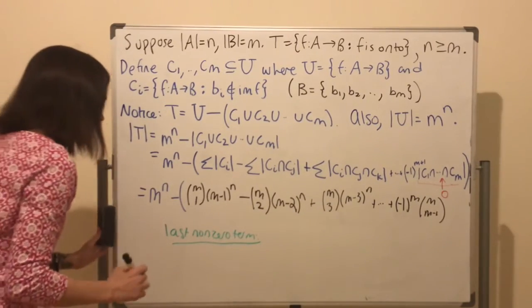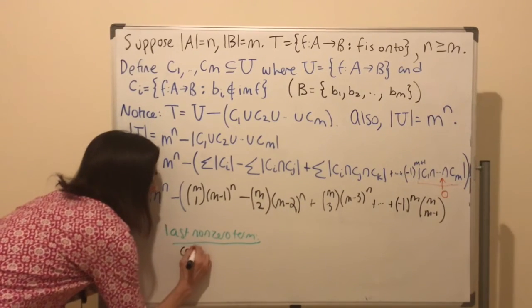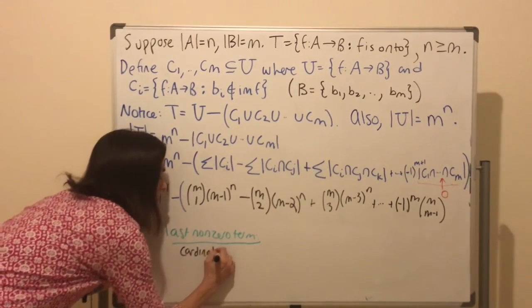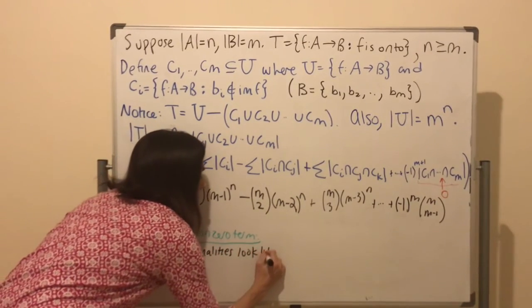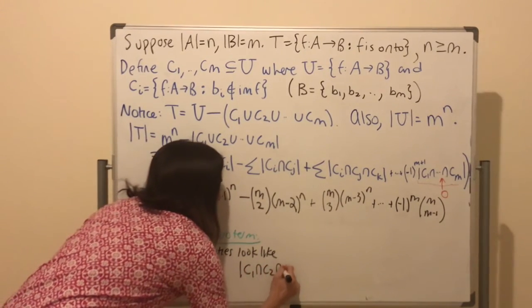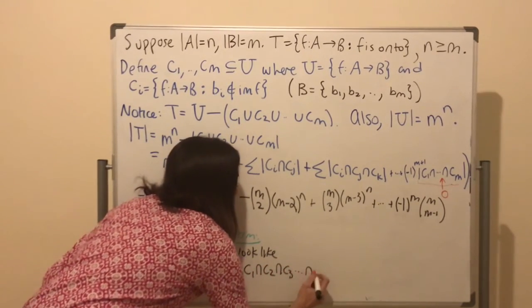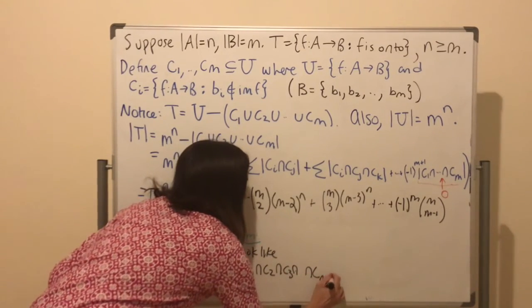That's okay. In the last non-zero term, the cardinalities look like this. C1 intersect C2 intersect C3, out to an intersect CM minus 1.